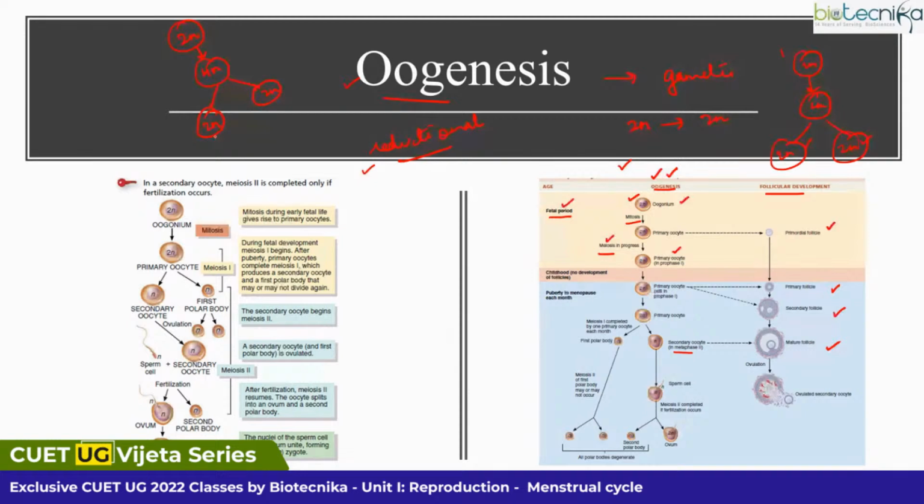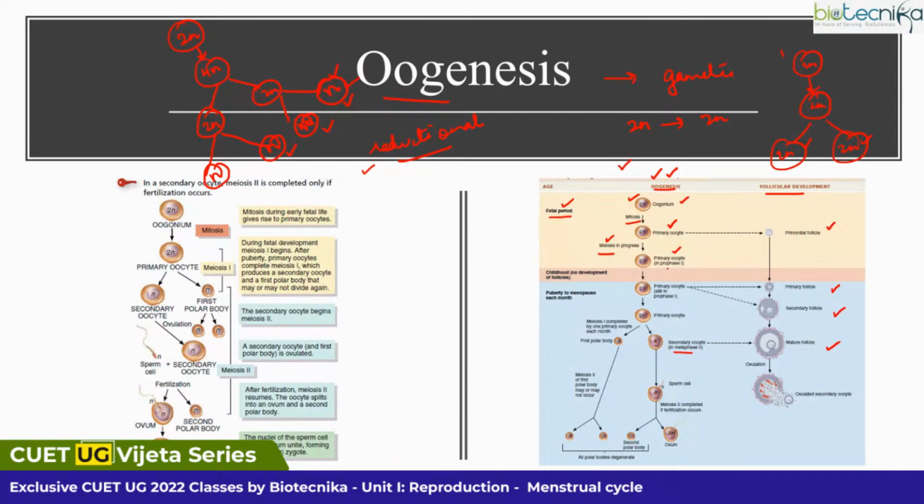In the second meiosis, again it will form two daughter cells from each of them, so it will form n and n. The daughter cells formed are haploid in nature. These are the gametes, the n stage.